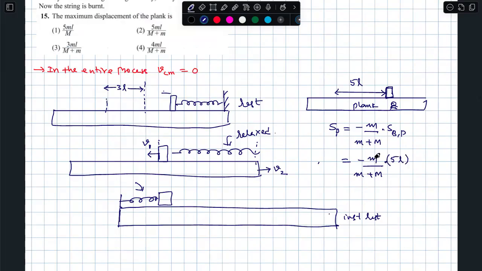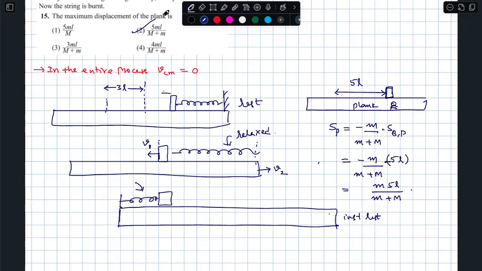Minus sign indicates it is a leftward displacement. One minute, it is minus 5L. Why? The block is moving leftwards. So finally, this is m into 5L divided by small m plus capital M. So you have option 2 matching for this.